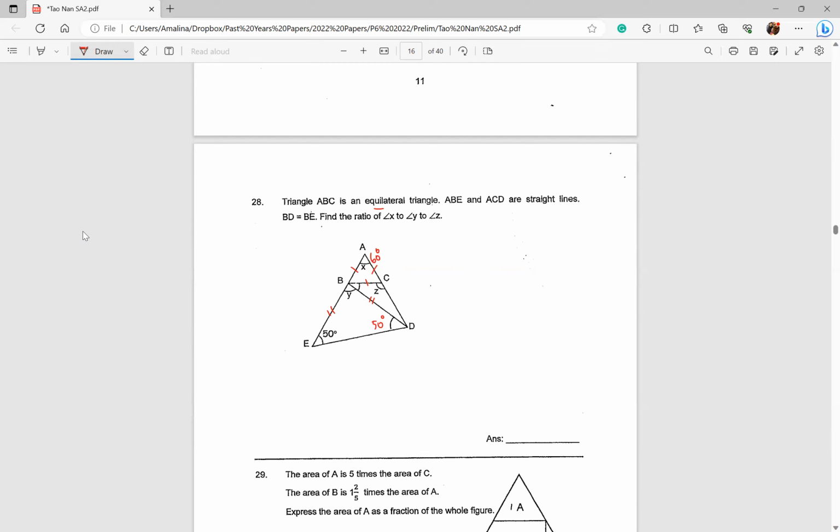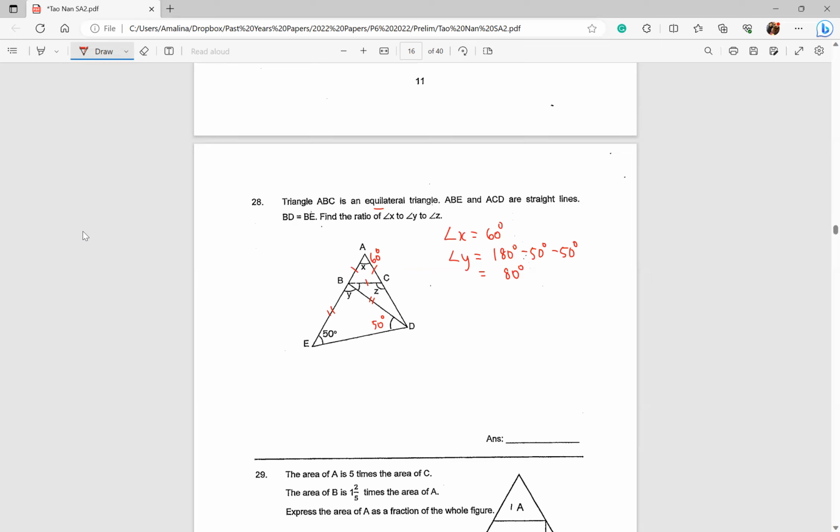So I can find angle Y. Okay, I put angle X first. Angle X is 60 degrees because it's the angle of your equilateral. Now angle Y will be 180 minus 50 degrees minus 50 degrees. Angle Y will be 80 degrees.